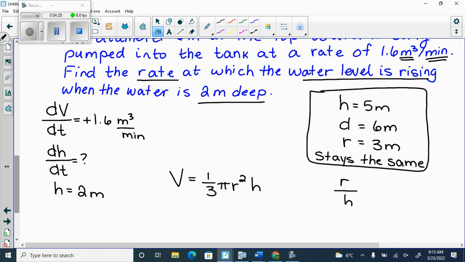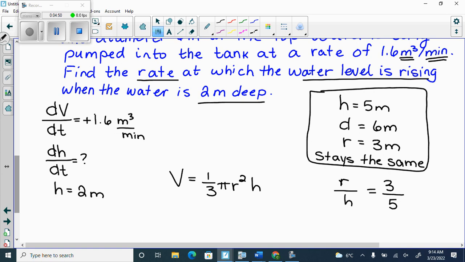The catch is that you have to make it equal to the same ratio on the other side. So because I have an r on the top, I need to put the radius first. So the radius is 3, and the height is 5. If I did h over r, I would just do 5 over 3. So you don't have to memorize it's r over h. It could be h over r. What you need to know is that the other side has to match.